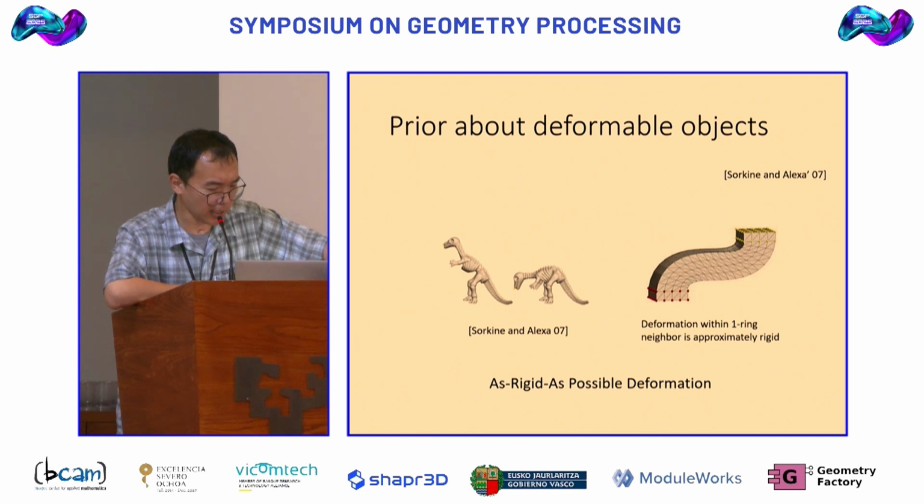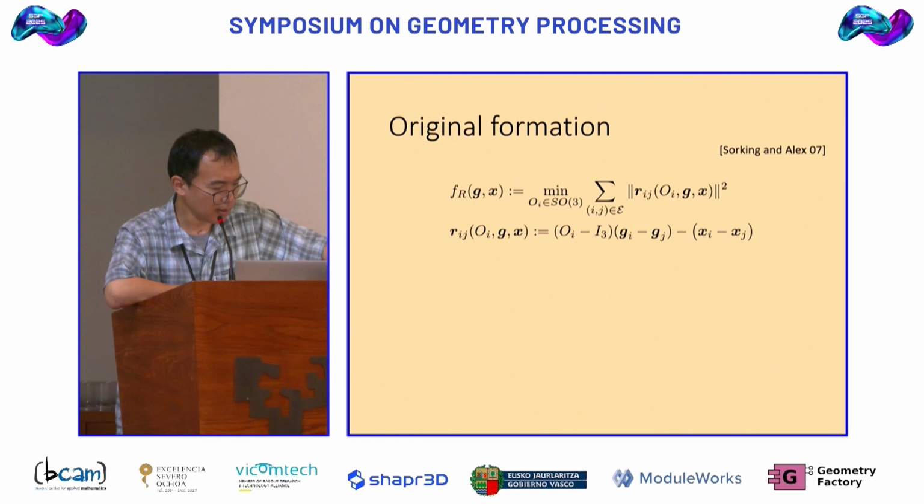So the nice thing about this is, number one, if we minimize this locally, we can still have very big deformations between shapes that are very far from each other. So it's a smoothness regularization.